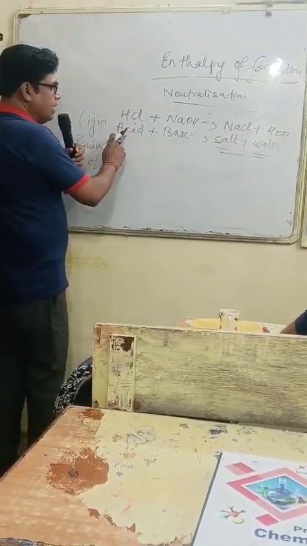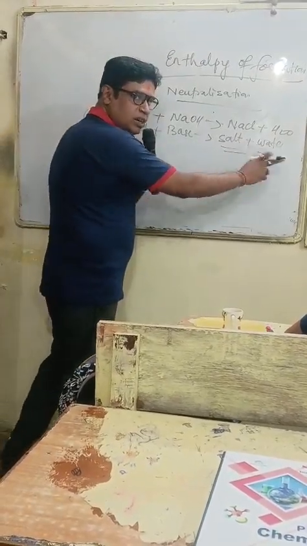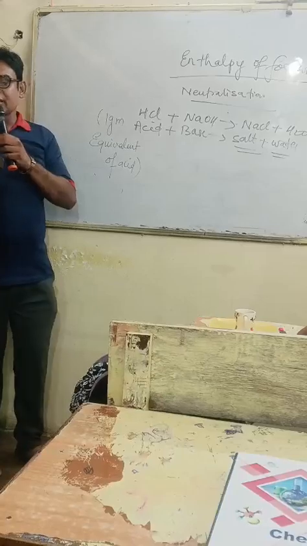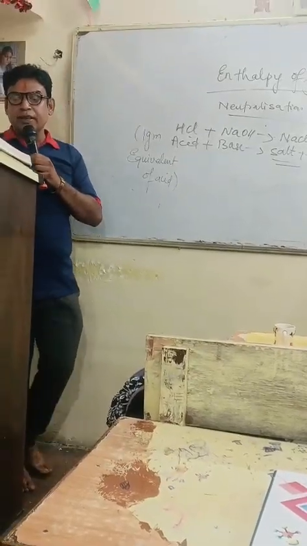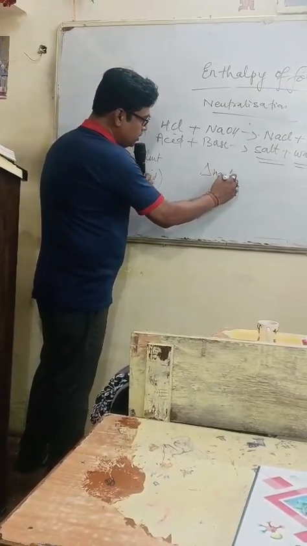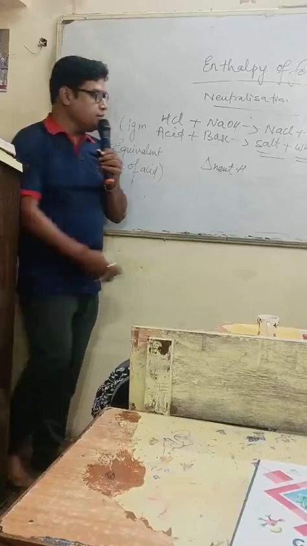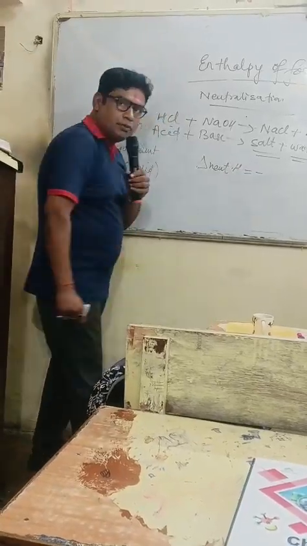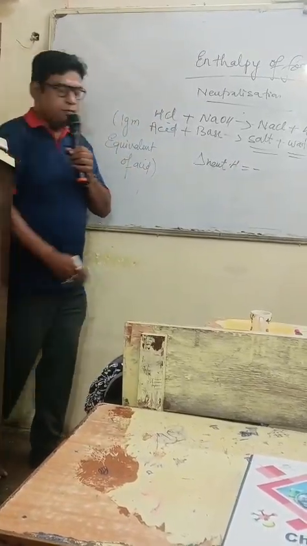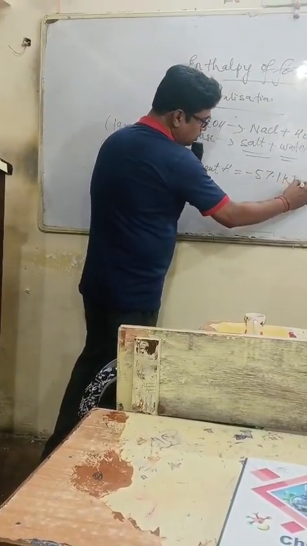As you can see, the acid and base reacted together and formed salt and water. ΔH of neutralization is equal to negative, meaning heat is evolved, minus 57.1 kilojoule per mole.